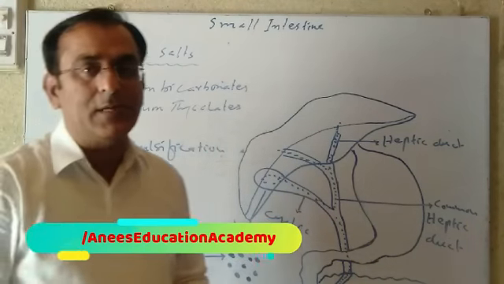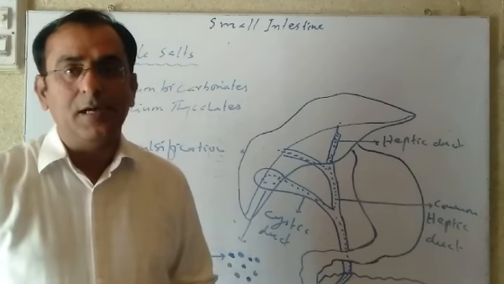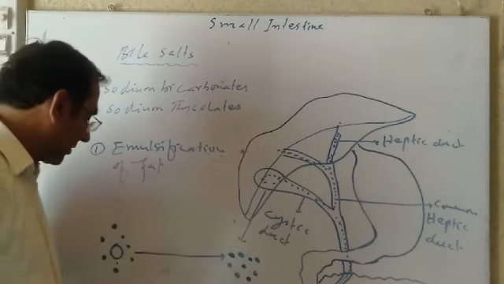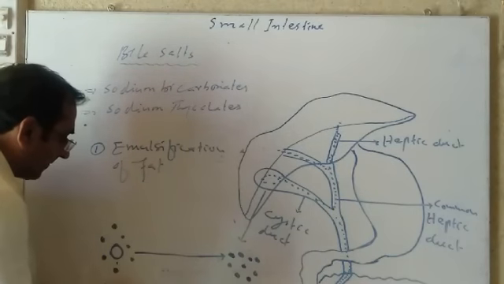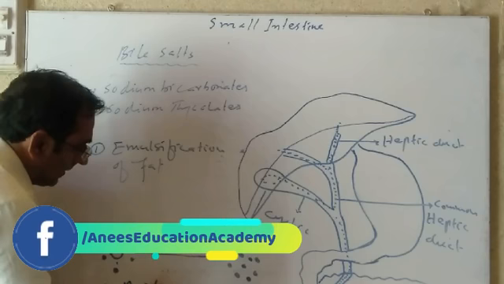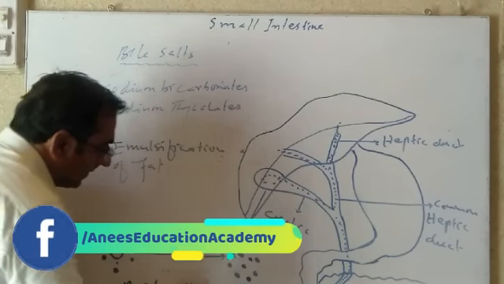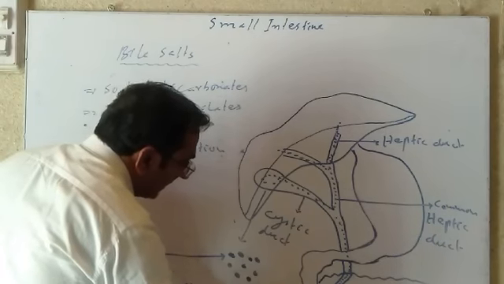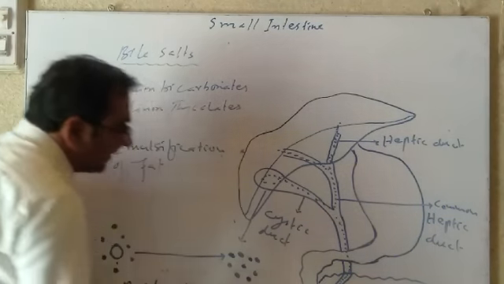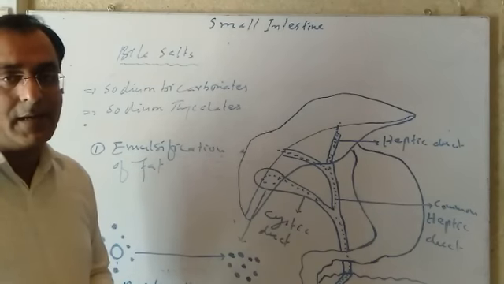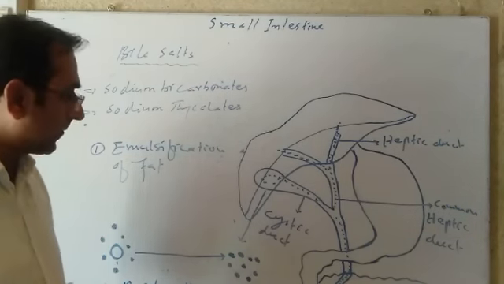Because the pancreatic juices work in the alkaline medium, they cannot work in the acidic medium. So they convert acidic pH into basic pH for the proper working of the pancreatic juices.